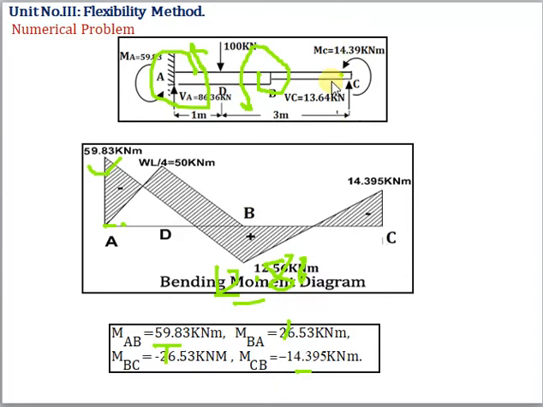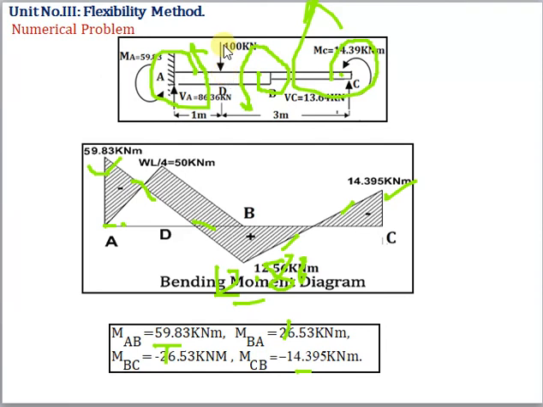So keep the pen close to C and rotate about C in a clockwise direction, the arrow comes up after one complete revolution, so show up 14.395. Then join with the line. So this is your end moment diagram.